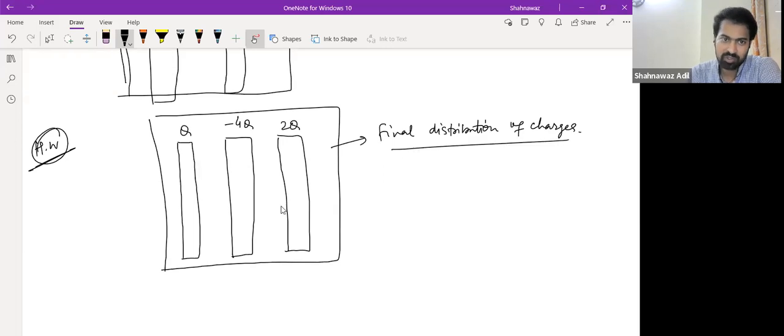Okay, the idea would be the same. Calculate the electric field at this point due to all these charges. Okay, understood. Yes, sir. Please send me the homework of this question. Okay. Yes, Tarif and Faiza, please send me that link.